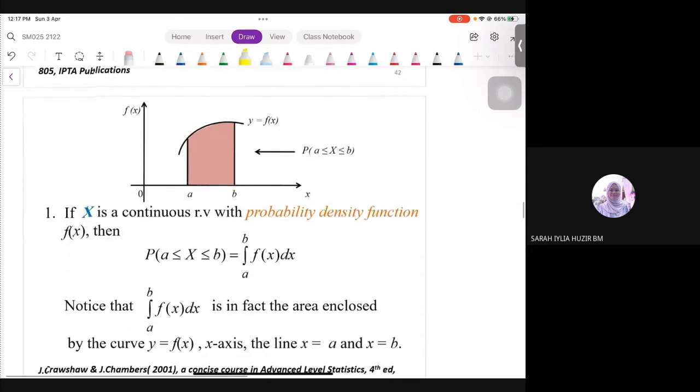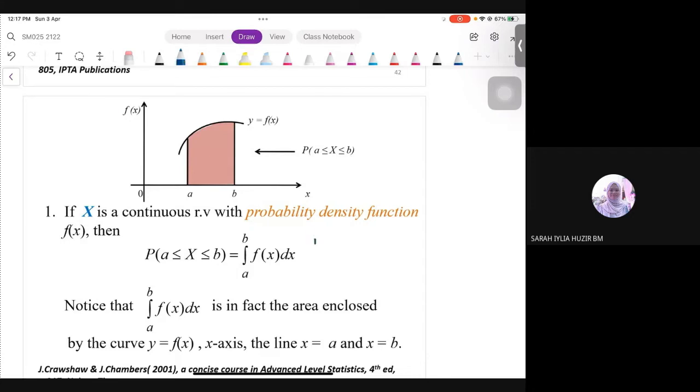Okay. So, when it comes to probability density function, basically we find the area under the function. So, kat sini maksudnya kita nak cakap probability is the same as the area. So, in order to find the probability, every time we have to integrate the function. Okay, kita buat notation sikit lah.